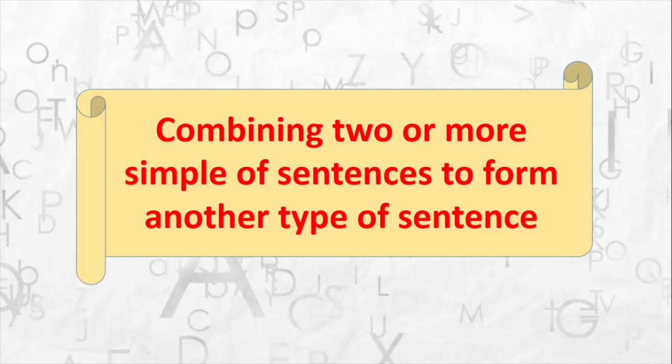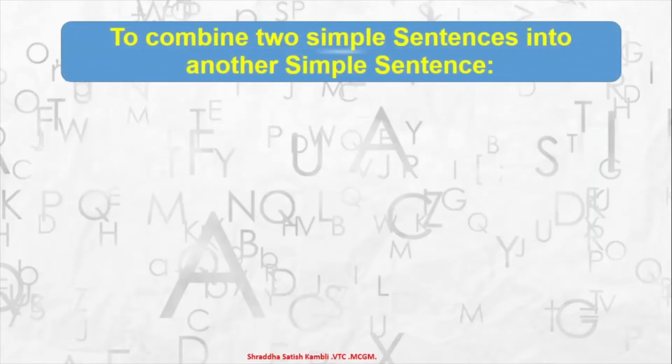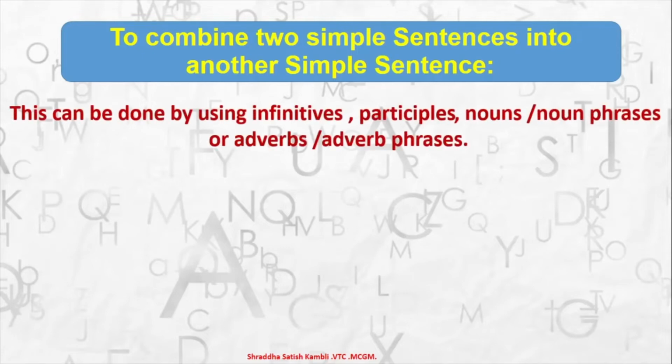How is it done? To combine two simple sentences into another simple sentence, let's see. So now we are going to combine two simple sentences and form another simple sentence. This can be done using infinitives, participles, nouns, noun phrases, adverbs or adverb phrases.